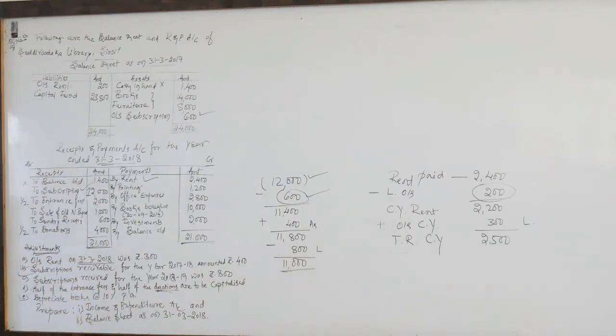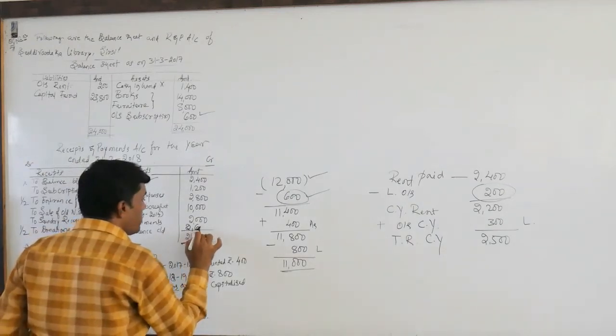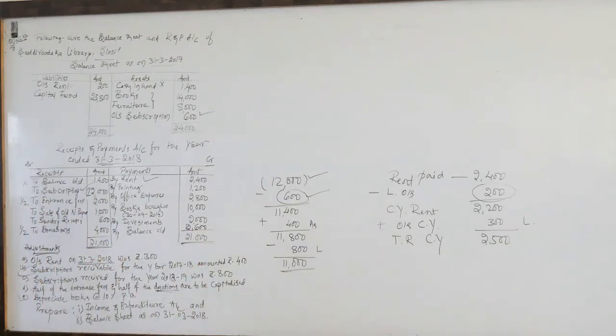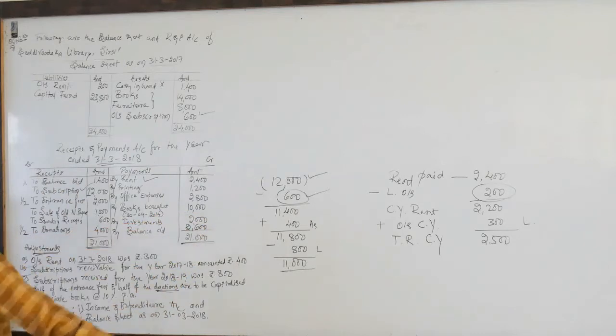The closing balance is 2,600. Sorry, I forgot to write the closing balance of cash. So the investment of rupees 2,000 is the current year investment. It is to be treated as an asset in the current year balance sheet.